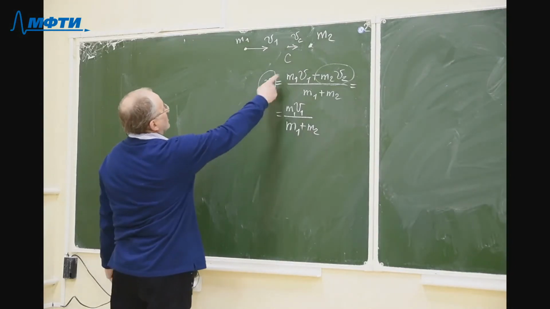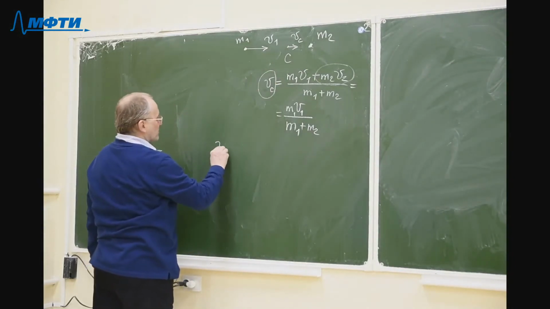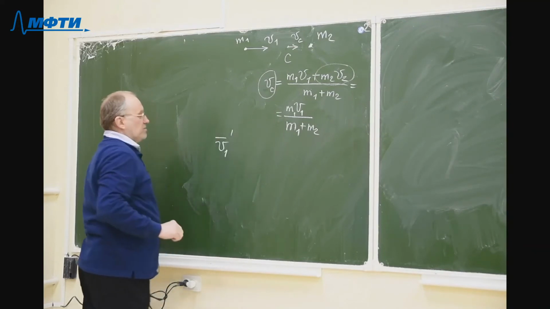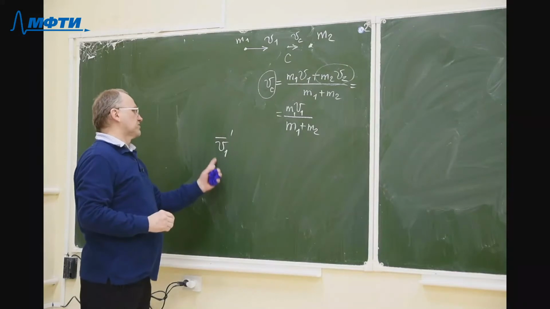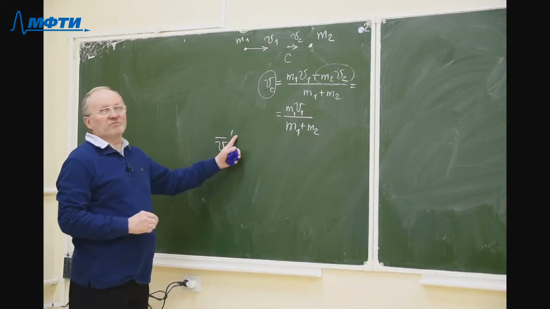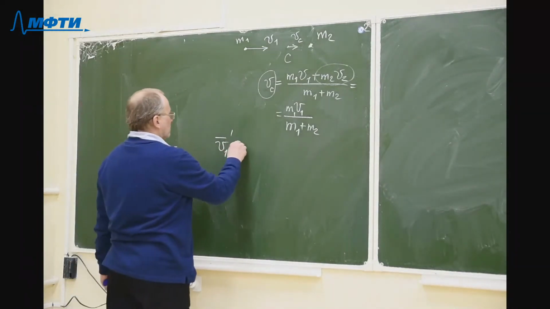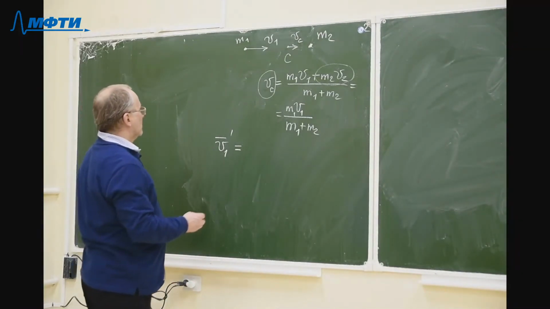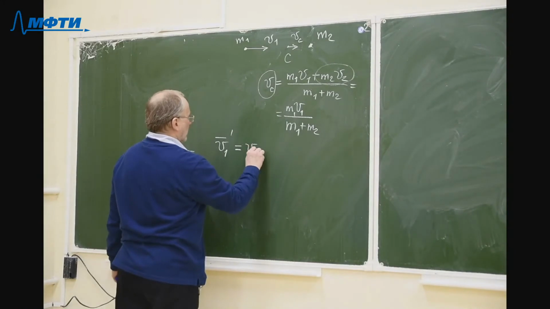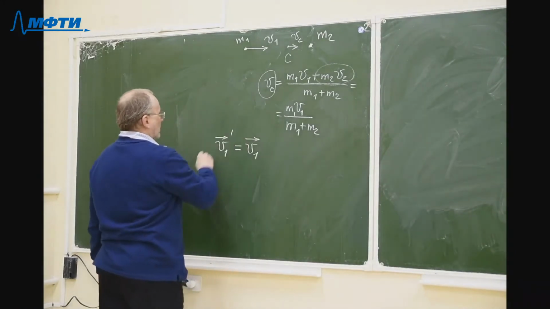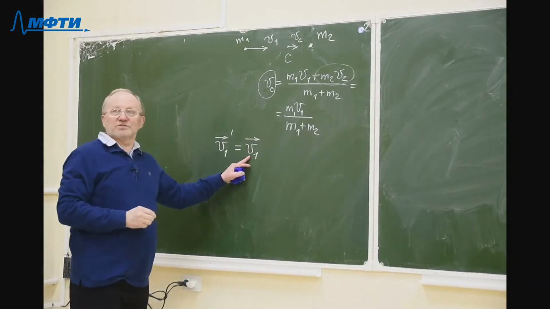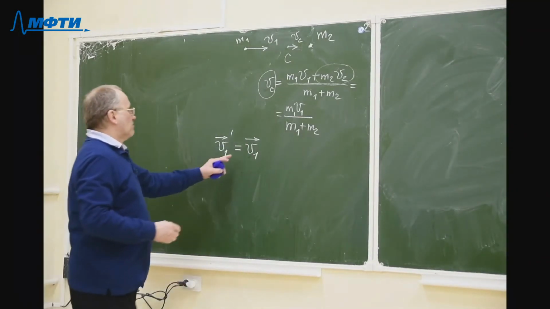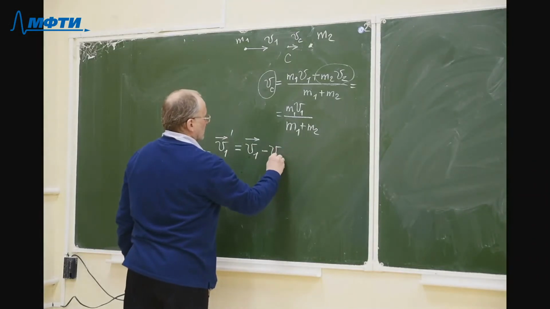The velocity of any particle as viewed from the center of mass will be denoted by prime. That is another reference frame associated with the center of mass. So the velocity of the first particle, or any particle, will be found as the velocity in the laboratory reference frame, the first reference frame I call the laboratory reference frame, minus the velocity of the center of mass.